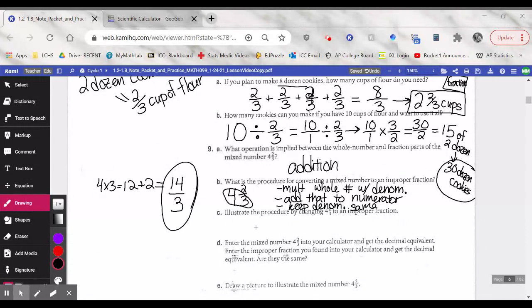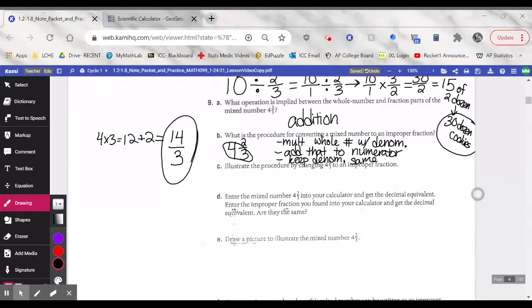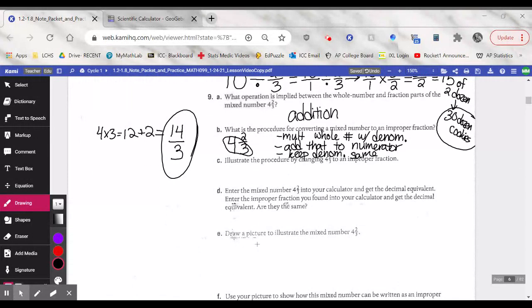Part C says to illustrate the procedure by changing 4 2/3 to an improper fraction. And so that's what we did here. What they want us to do though also for part E is to actually illustrate it.